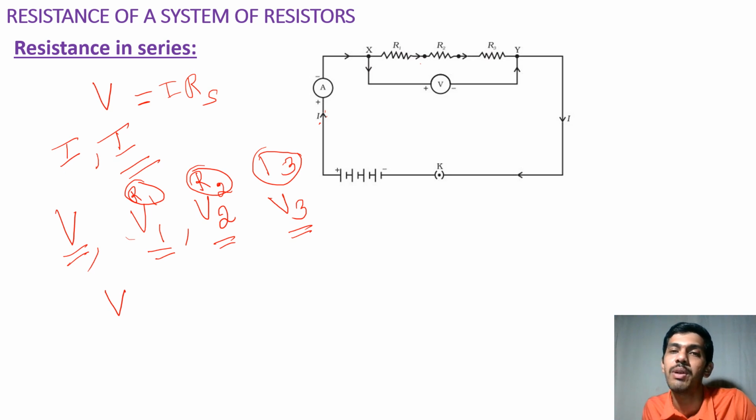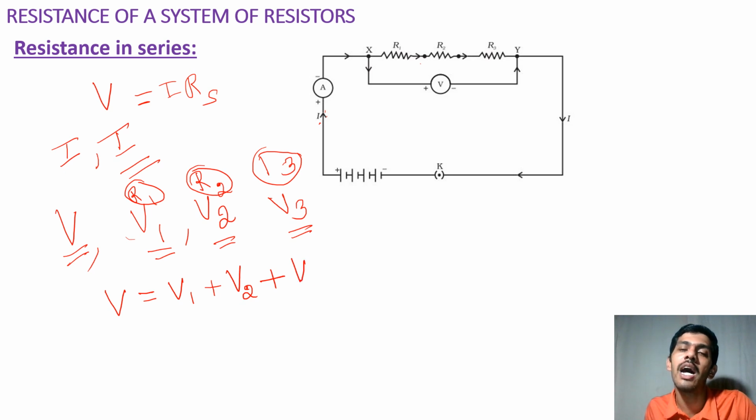this main potential difference V, when it is placed across the combination, is equal to the sum of the potential differences across R1, that is V1, plus the potential difference across R2, that is V2, and the third one is the potential difference across R3, that is V3.